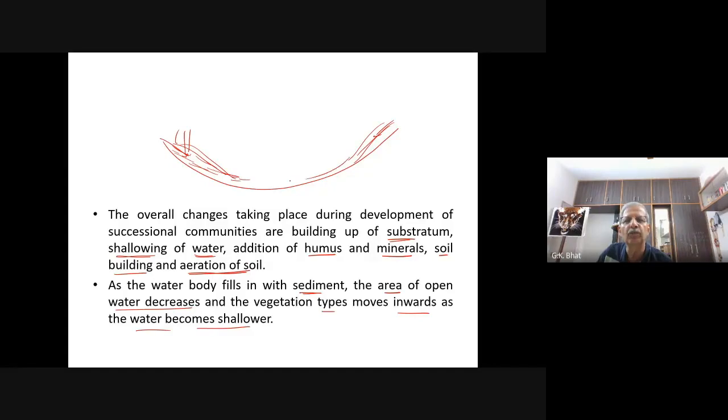The depth also decreases with more and more accumulation of soil at the bottom, and gradually this all gets filled with soil, and finally it gets converted into land. This is what you see during hydrarch succession.